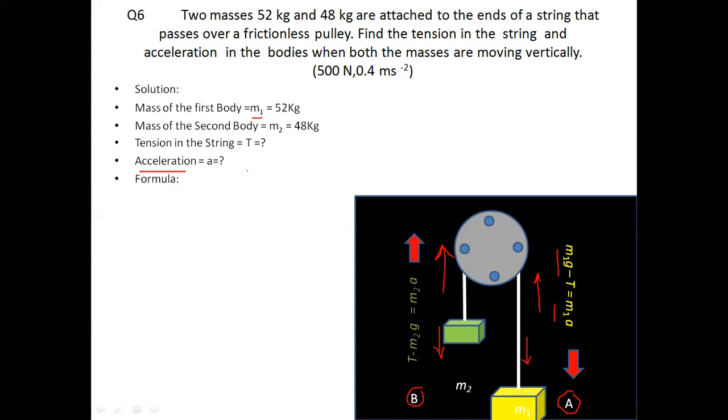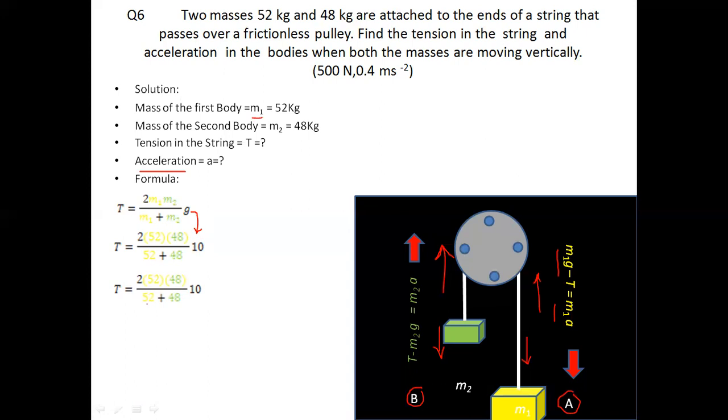The formula for tension in the string is given by T is equal to 2 m1 m2 divided by m1 plus m2, into G. Putting in the values of m1 and m2, what do we get? 2 into 52 into 48 divided by 52 plus 48, into 10. Where does 10 come from? The value of G is taken as constant, and it has the value of 10. Solving it, what do we get?